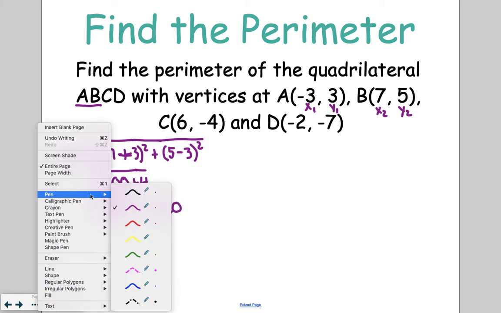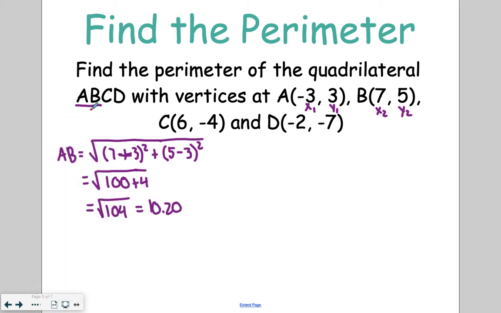The next thing, based on the name, is we're going to find side BC. So B becomes X1, Y1, and C is now X2, Y2. So for side BC, I'm looking at the square root of 6 minus 7 squared plus -4 minus 5 squared.